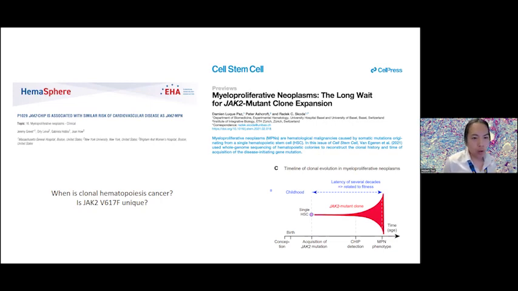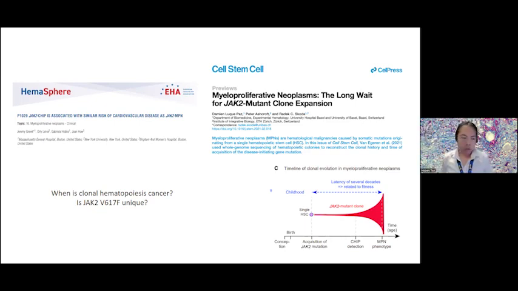Just showing a few abstracts or papers here on the left about the inflammatory risks of having JAK2, but also, from a more pathobiological perspective, one of the models of MPN evolution is that the acquisition of what we may say are driver mutations can be acquired exceptionally early in life, to the point that they are pediatric or even neonatal. Again, this is just using some modeling techniques.